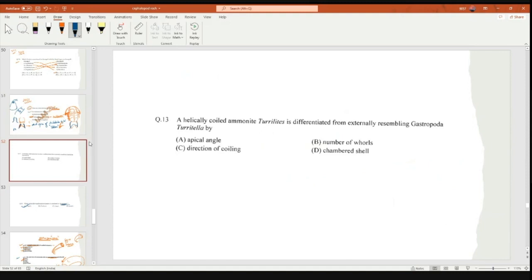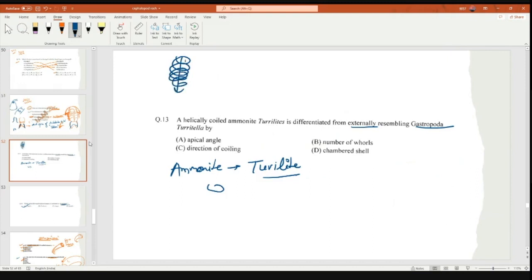Question number 13. Helically coiled ammonoids, Turrilites, which is differentiated from the externally resembling gastropod Turritella. Basically, the question is asking: there is an ammonoid, example is Turrilites, which is helicoil. What is helicoil, guys? It is just coiled along an axis, a particular axis. And planispiral is coiled in a plane, spiral in one plane, like the tortoise coil you have seen.